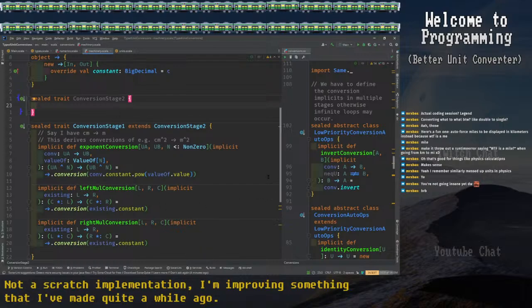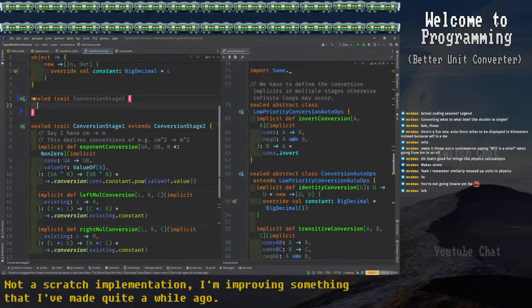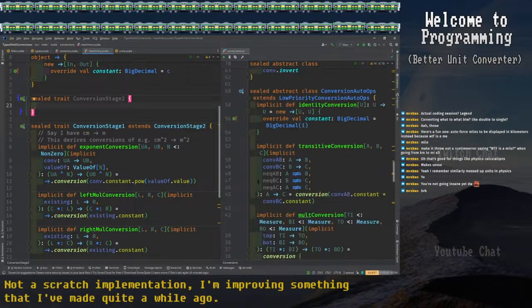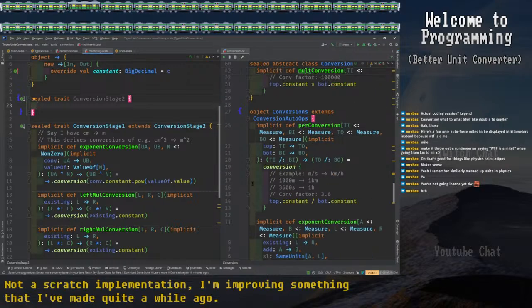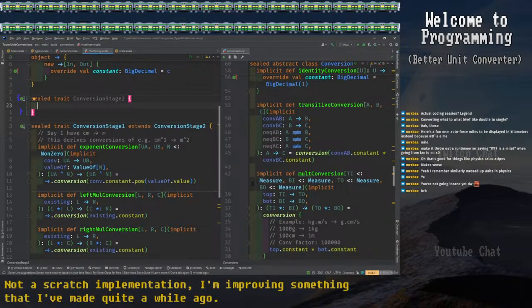And this is where some things... Alright, we have a mult conversion, so we have L1, R1, L2, and R2, not to be confused with controller input buttons. Implicit.